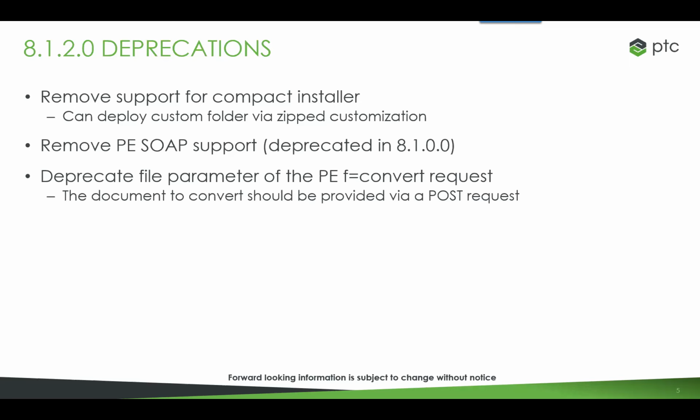This shouldn't affect applications in that you're still able to send the document to convert in a post request. So send the document along to publishing engine. It's just this file parameter would allow you to convert something that was already on the publishing engine server, and that'll be deprecated going forward.